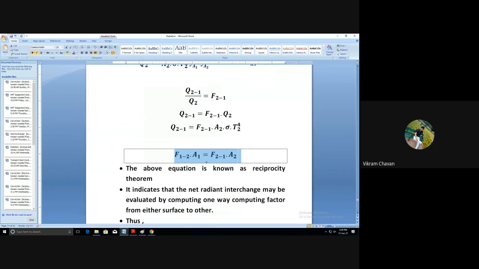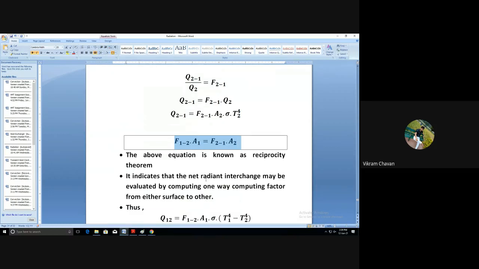Okay, so it indicates that the net radiant interchange may be evaluated by computing one-way factor from either surface to the other. Okay, means what? If you determine either of the factors F1→2 or F2→1, then also you can determine the net exchange.